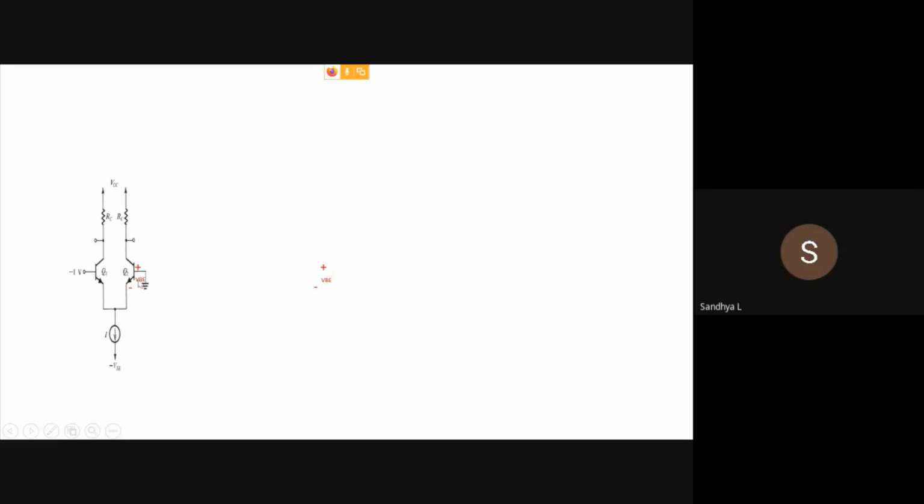So VB minus VE is 0.7 volt. In all these cases, VEE is taken as 0. VB is 0. So 0 minus VE is equal to 0.7. So VE equal to minus 0.7 volt.